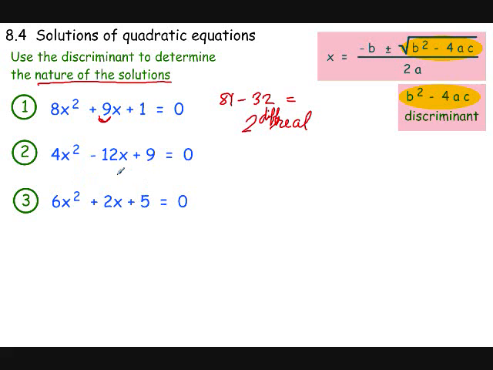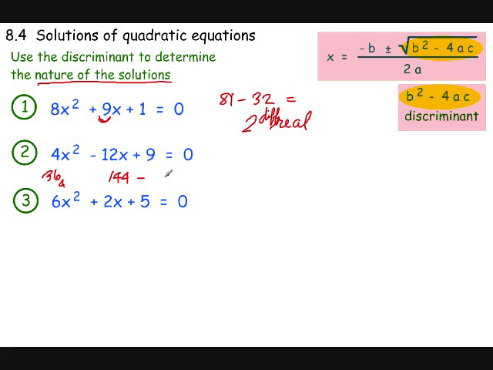Let's try this one. Wow, this is a biggie. We've got a negative 12, and we're going to square it. When we square a negative number, it turns positive, doesn't it? Negative times negative is positive. 144. Now we're going to multiply a times c, which gives us, in this case, 36 times a negative 4. Let me try it. 36 times 4.